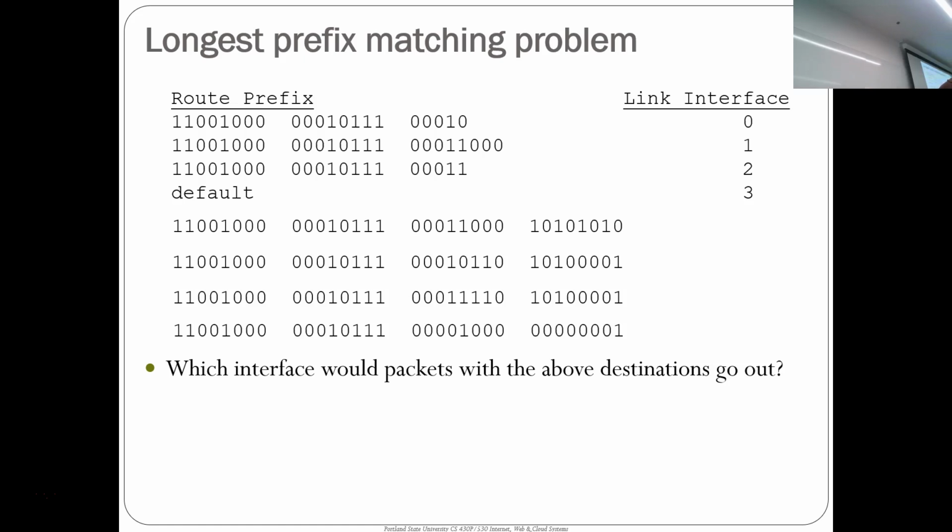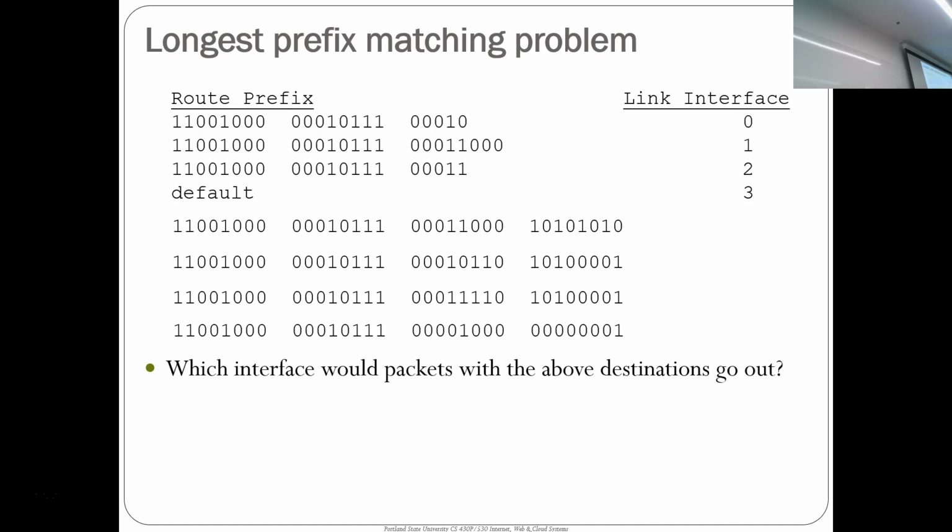What about this one? This one matches the first one, 0 0 0 1 0, sorry about the alignment. So it matches that one, link interface 0. It's a bit of an eye chart here.